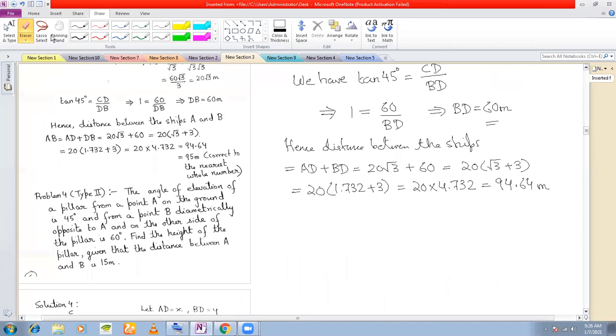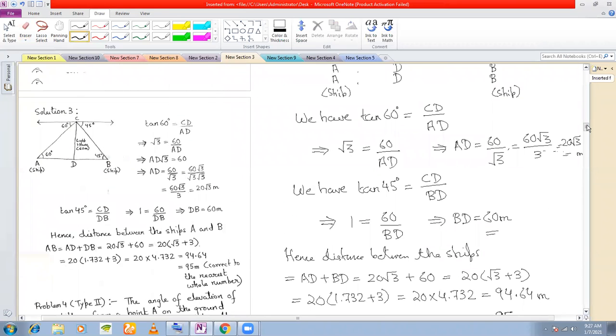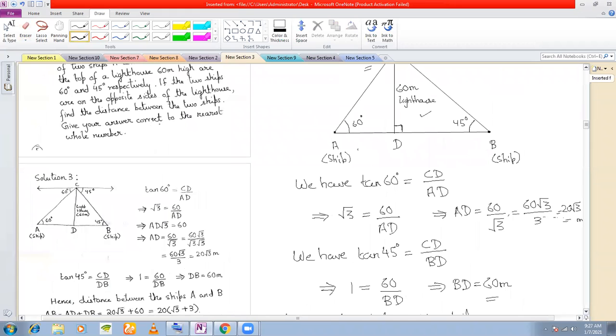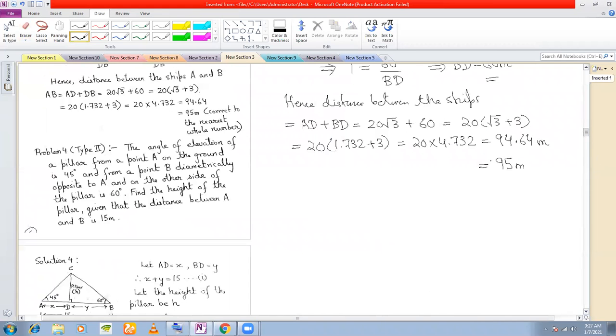You round this off to the nearest whole number because in the question it is given: correct to the nearest whole number. So 94.64 is equal to 95 meters, correct to the nearest whole number.